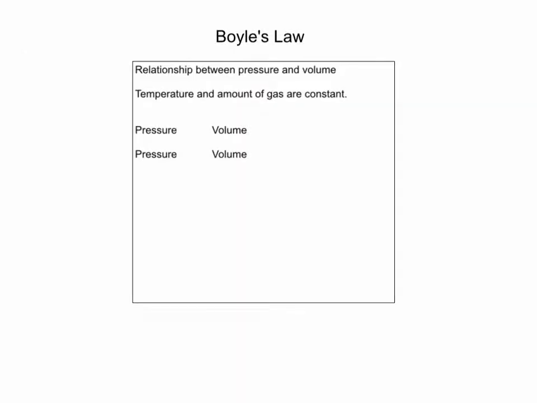To summarize this relationship, as pressure goes up, volume goes down. And as volume goes down, pressure goes up. And if pressure goes down, then volume goes up. So if volume goes up, pressure must go down. This is an inverse relationship.